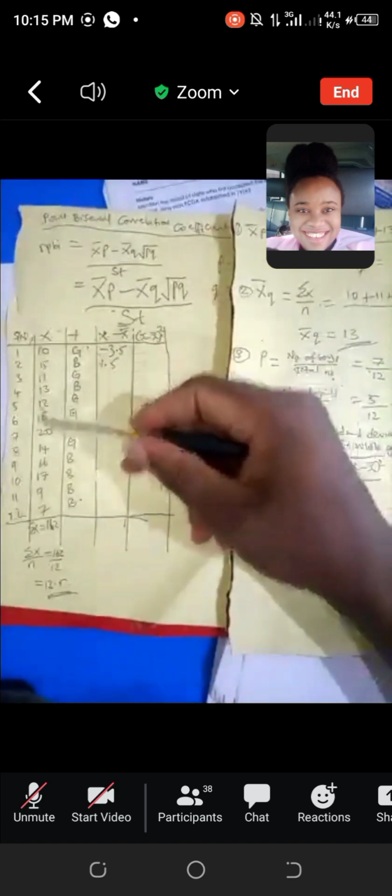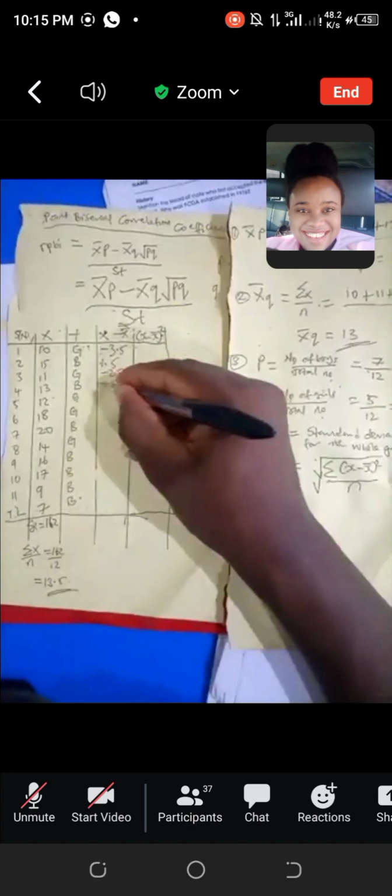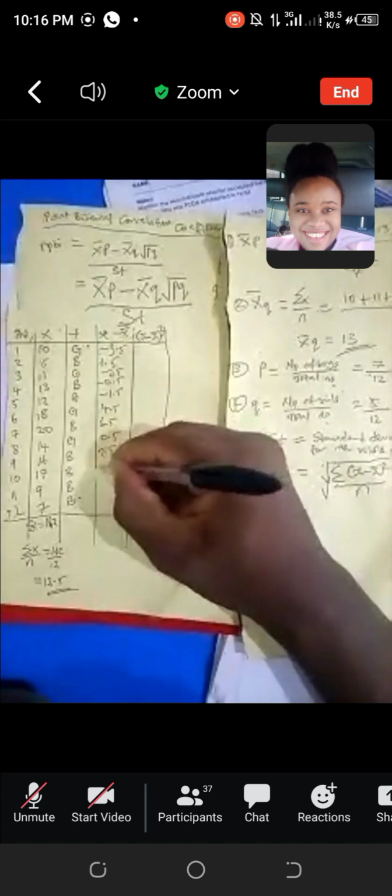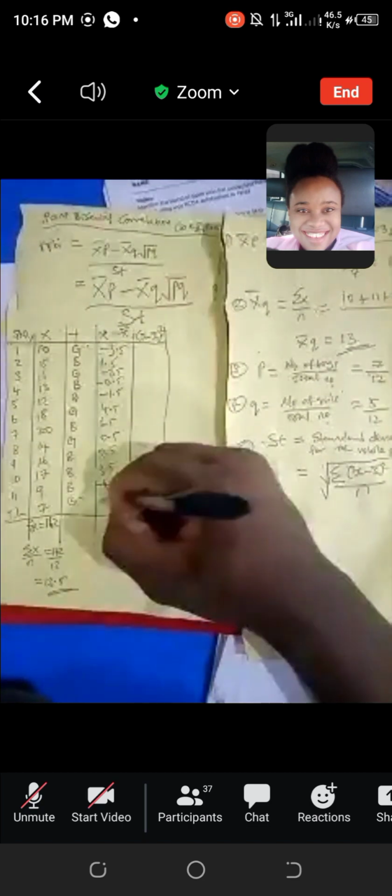So we are subtracting the mean, this mean we got here, from each value of x. When we do that, we'll get the following values: minus 2.5, minus 0.5, minus 1.5, 4.5, 6.5, 0.5, 2.5, 3.5, minus 4.5, minus 6.5. Is this one clear?